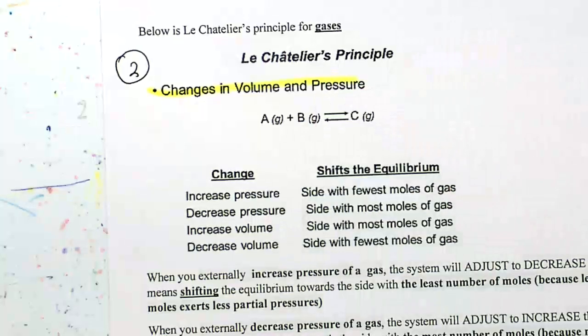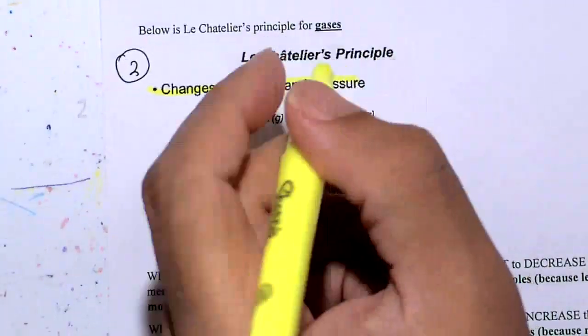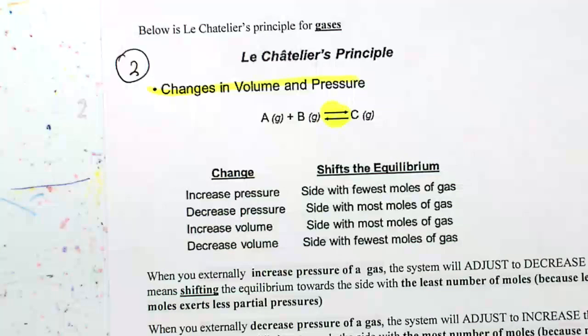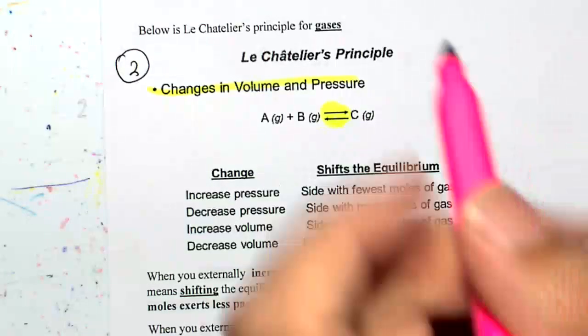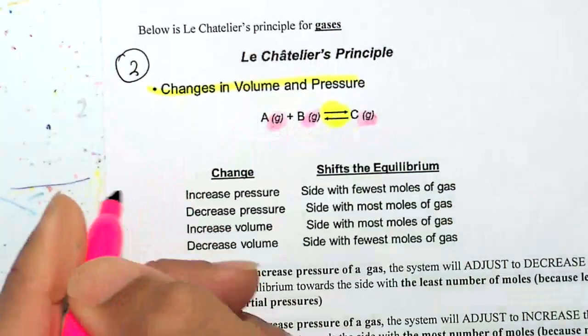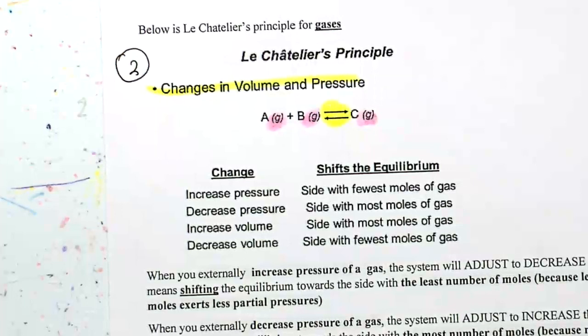All right, so first of all, let's look at this reaction with me. Is this an equilibrium reaction? Yes. Okay, what else do we see here? What states do we have? Yes, we have gases. We have a gas, we have a gas, and then we have a gas. Okay.